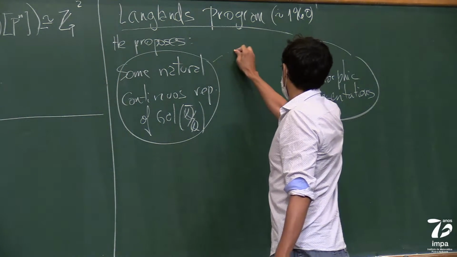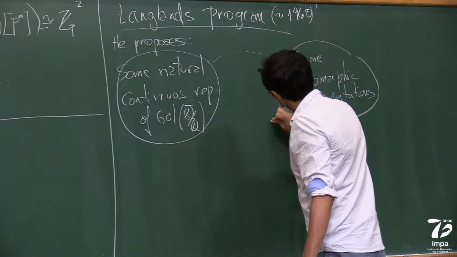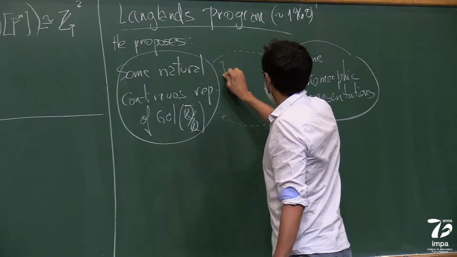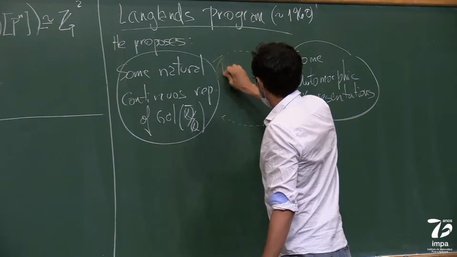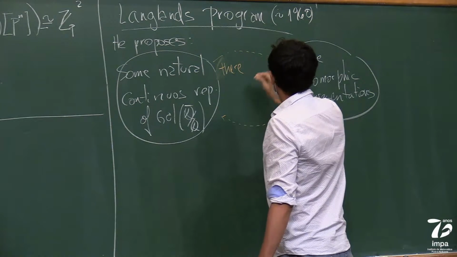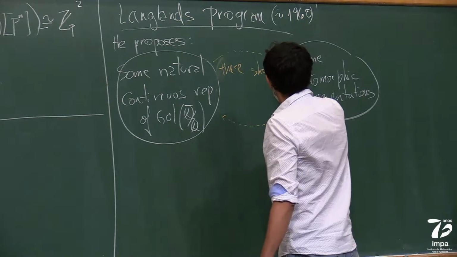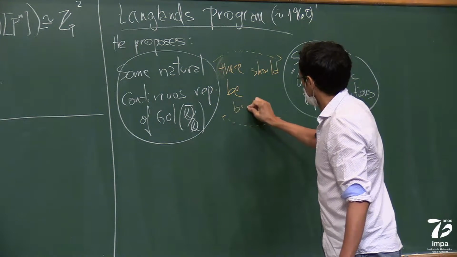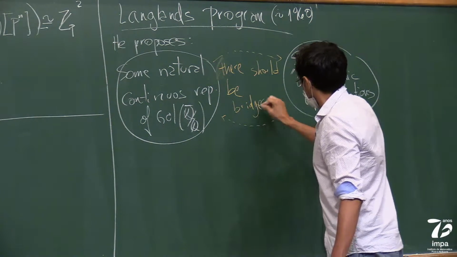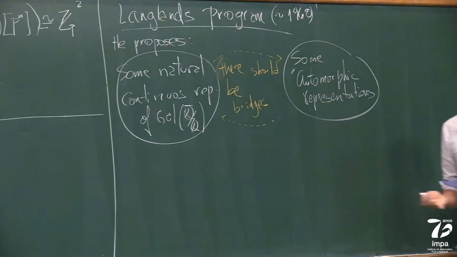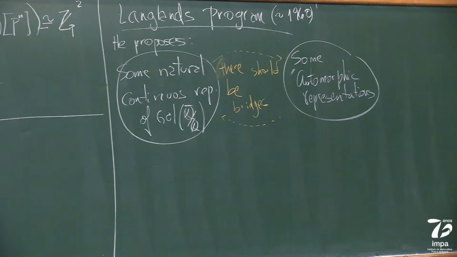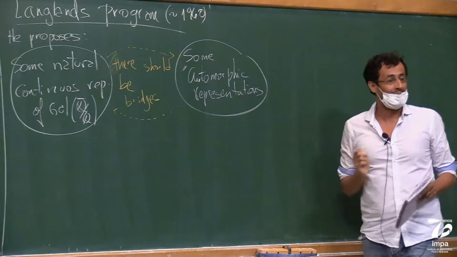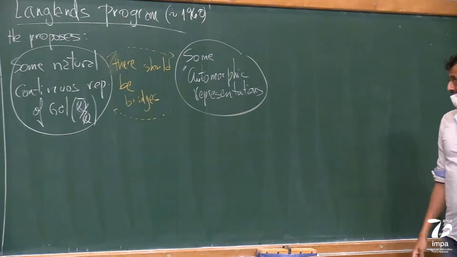In this direction and this direction. There should exist some bridges between both. So this program is a famous program that people started from this year until now. A lot of people are working on it.